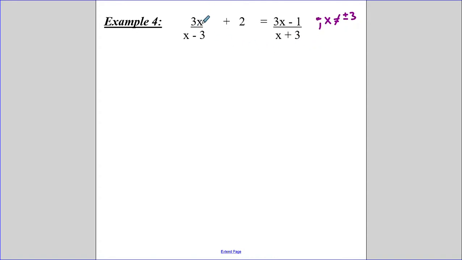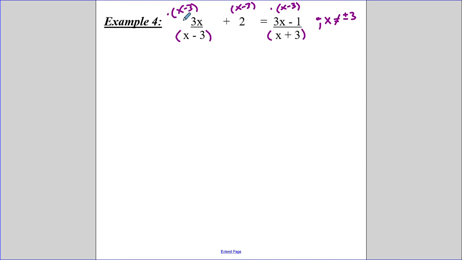Now, same thing that we did from before, I'm going to cancel out these denominators by multiplying each term on the top by x minus 3. So x minus 3 and x minus 3.